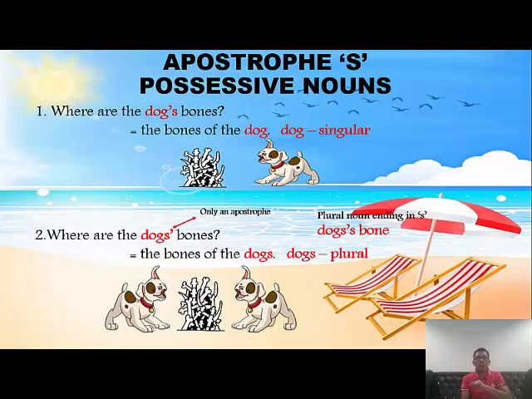No, it can't be the dog's bones. No, that's wrong. This is the right way to write or to say it, and this is the wrong way. Okay, please be careful. Where are the dogs' bones? That shows a plural, right? For dogs, we just put the apostrophe, but for singular we put dog with apostrophe and s.